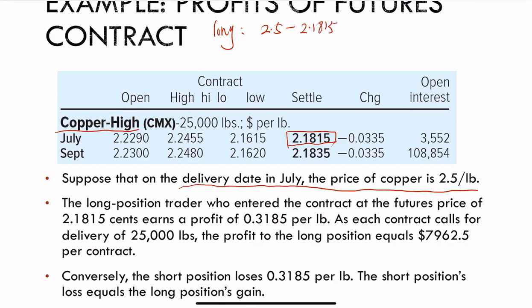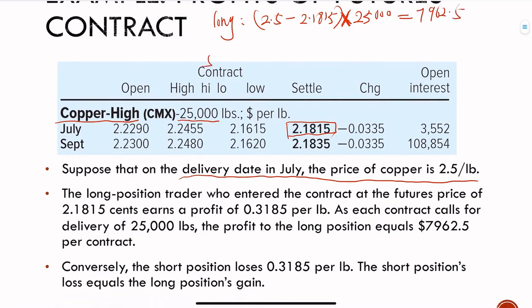This 2.5 and 2.1815 are just prices per pound. For one contract, the contract size is 25,000, so if you enter this contract, you have to take delivery of 25,000 pounds.